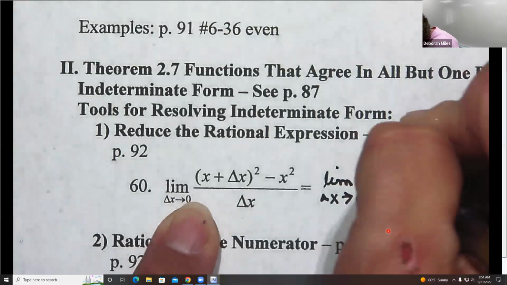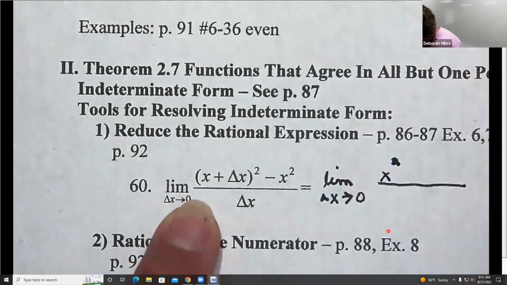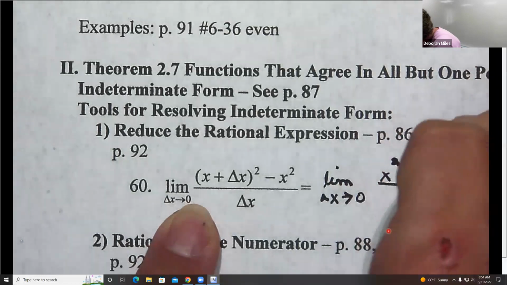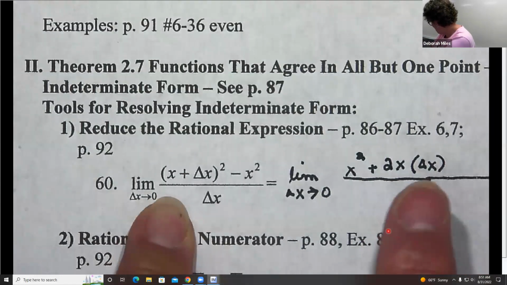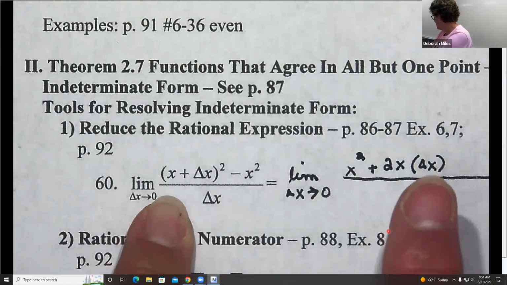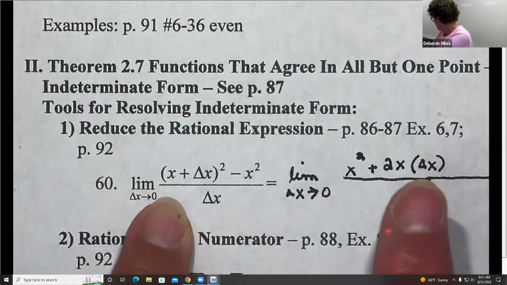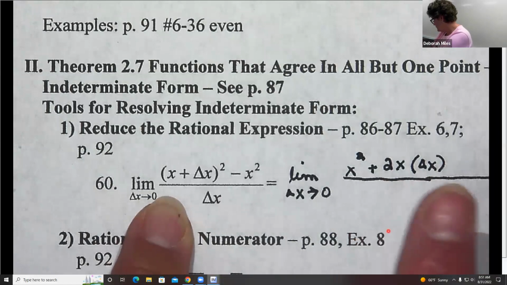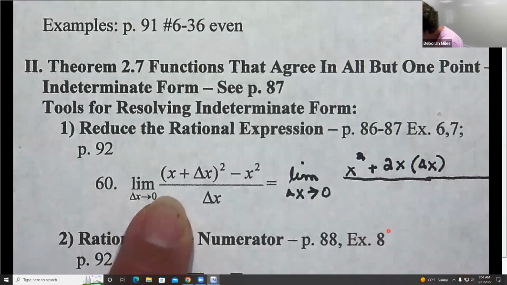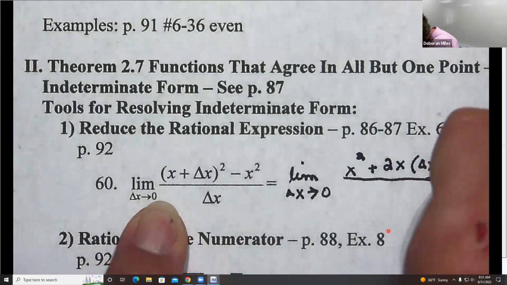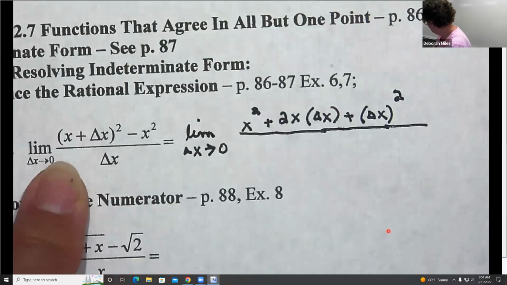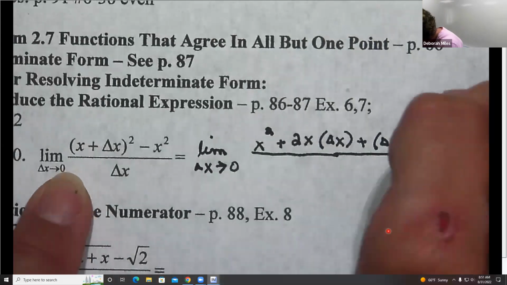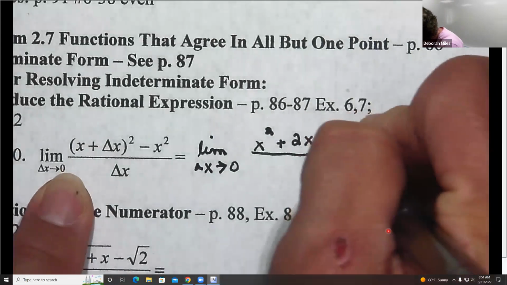I just know it's the first term squared plus twice the product of the 2 terms. And when I write delta x, I'm going to put it in parentheses so I can see it's one thing. It's not 2x triangle x. It's 2x times delta x. And then delta x squared. And then minus your x squared and over your delta x.